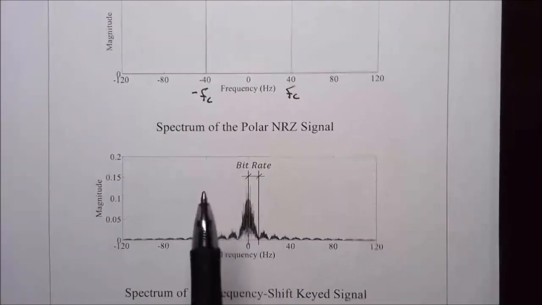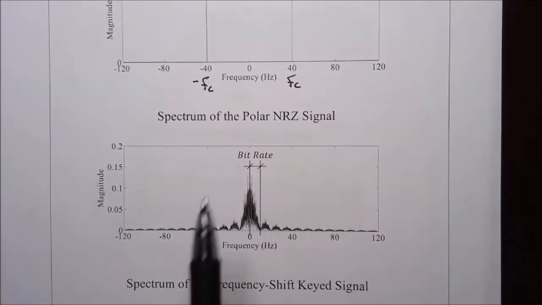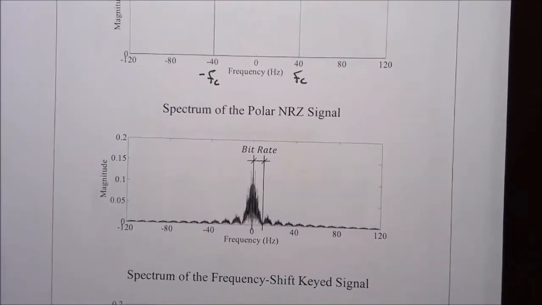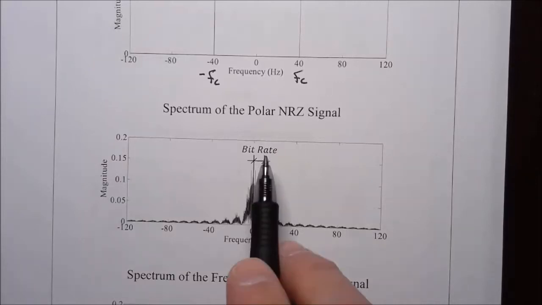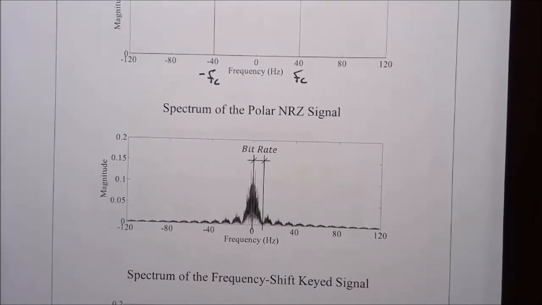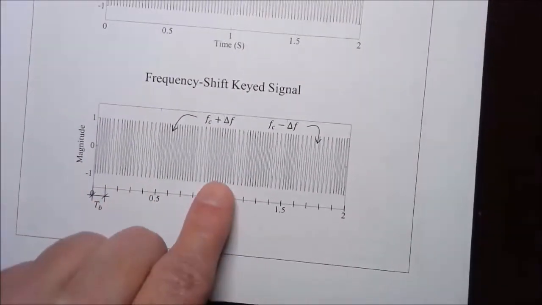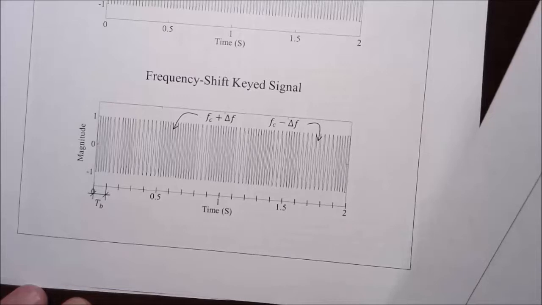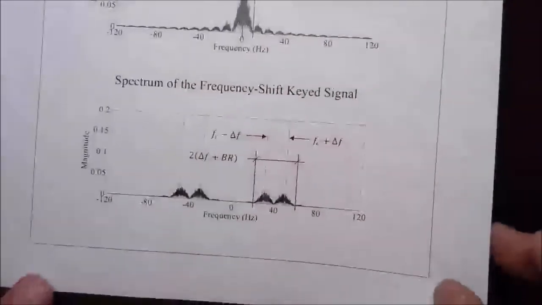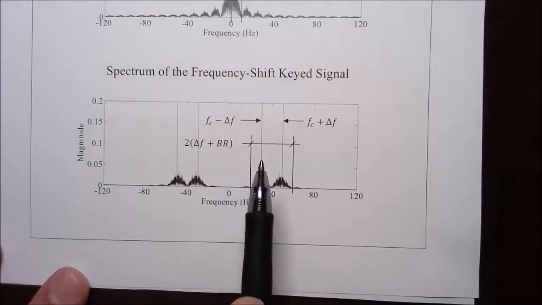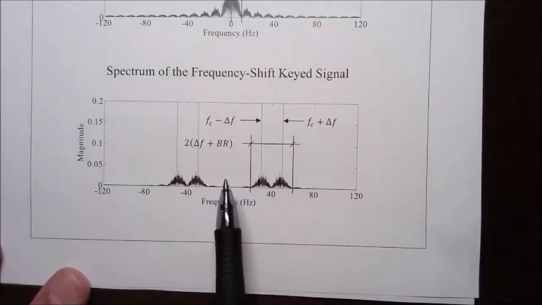For the baseband digital polar non-return to zero signal, we get that sinc squared shape with the first null happening at the bit rate, and I took the Fourier transform of the frequency shift keyed signal, the frequency modulated signal, and this is what MATLAB shows as the spectrum of that signal.